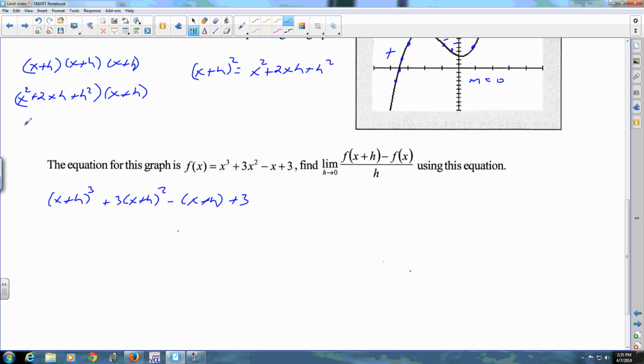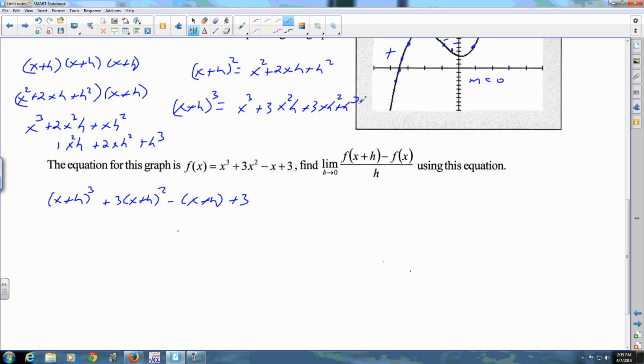Multiply the x through, and you get x cubed plus 2x squared h plus xh squared. Now I need to take the h and multiply it through. So then I'm going to have x squared h plus 2xh squared plus h cubed. So (x plus h) cubed is going to be x cubed plus 3x squared h plus 3xh squared plus h cubed. And you guys will see this fairly frequently in your homework.